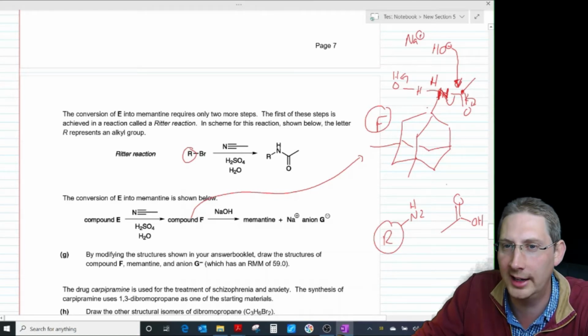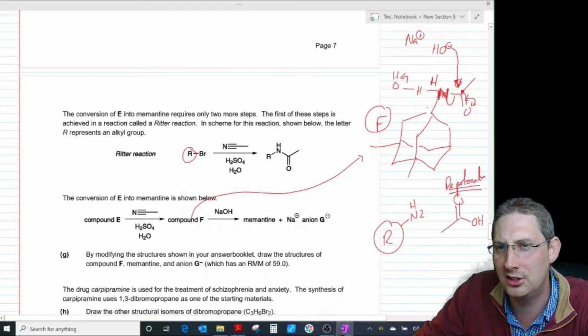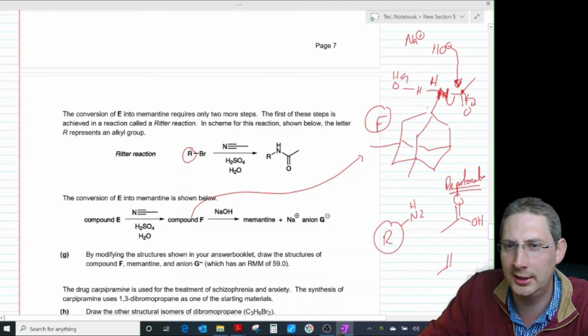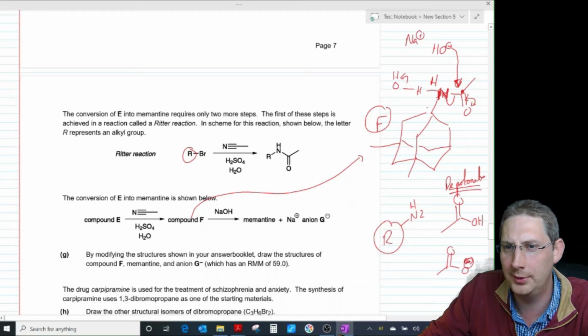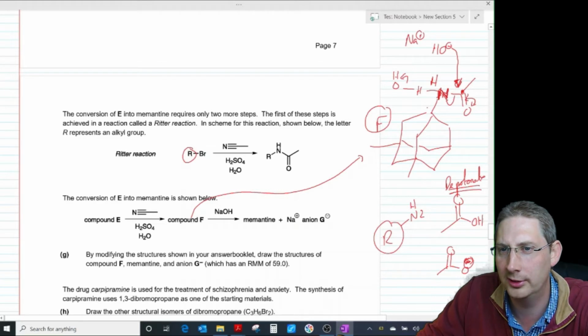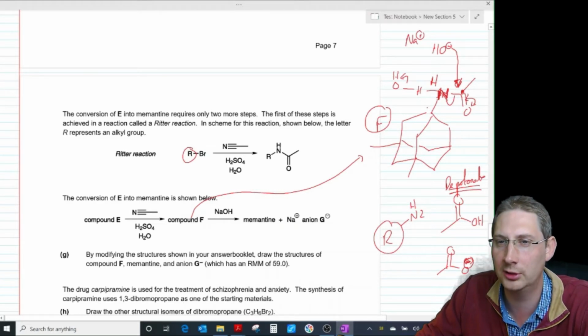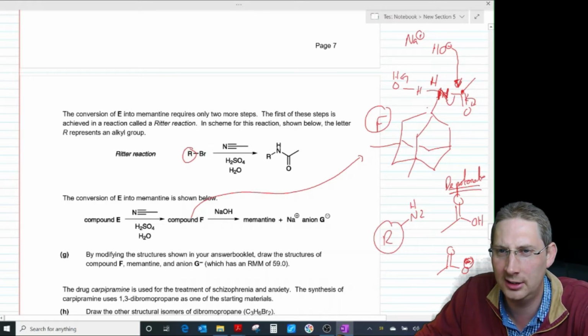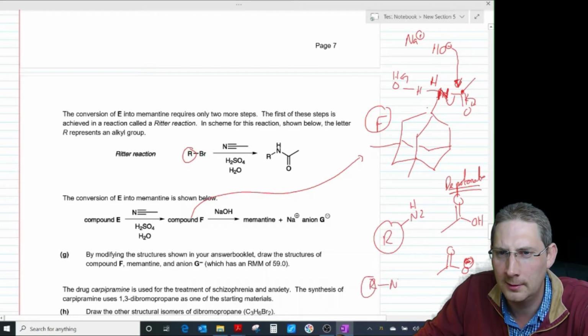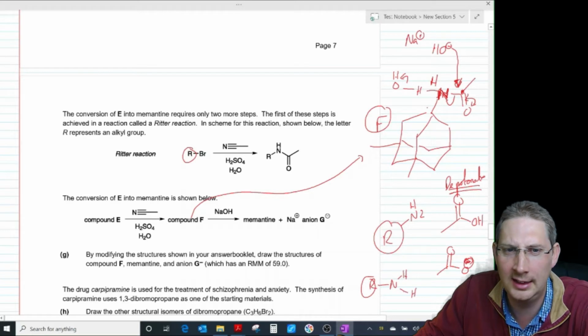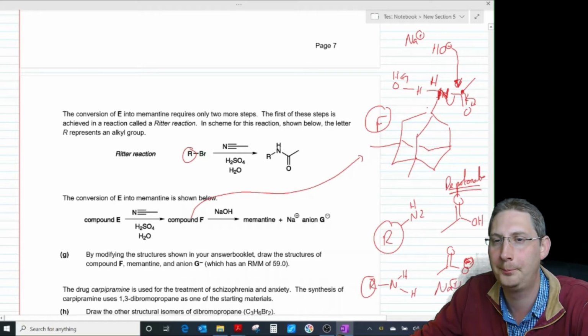That would deprotonate in high pH. So the anion would be the carboxylate anion there. It's an acid, it will lose its proton. So that would be the carboxylate anion. Presumably that is memantine, and then you've got sodium. That's my best guess now.